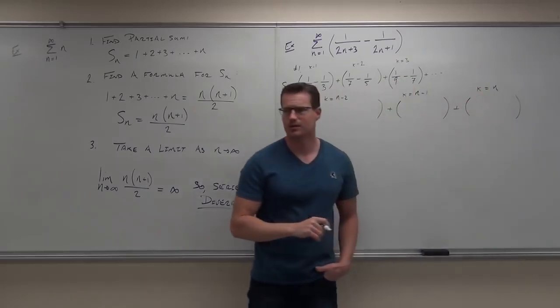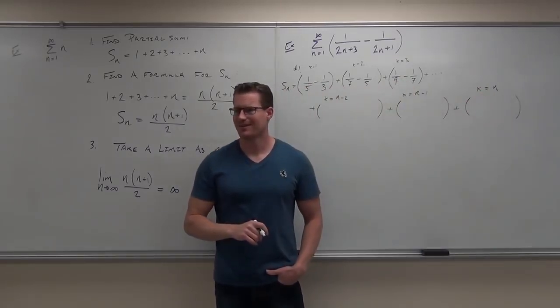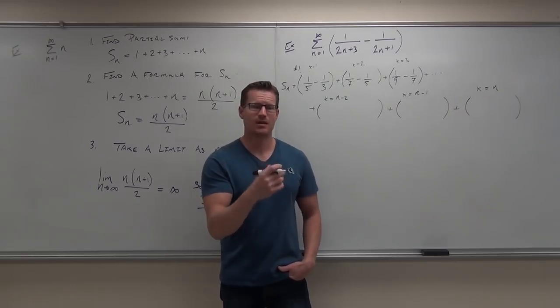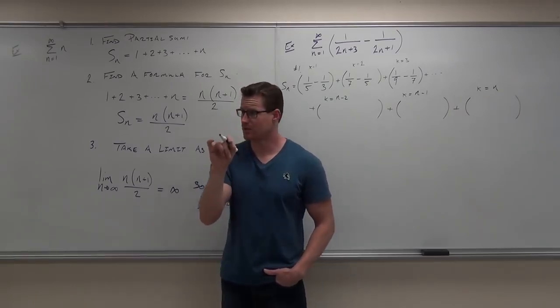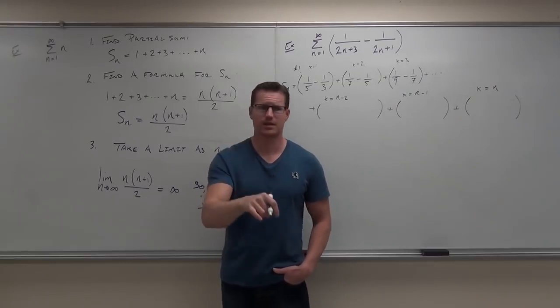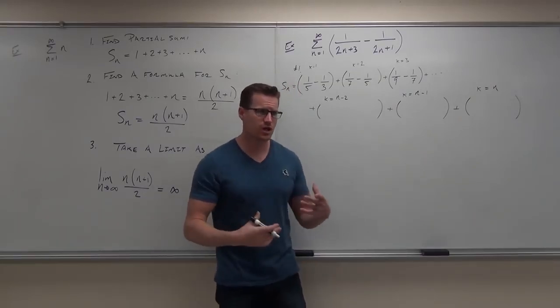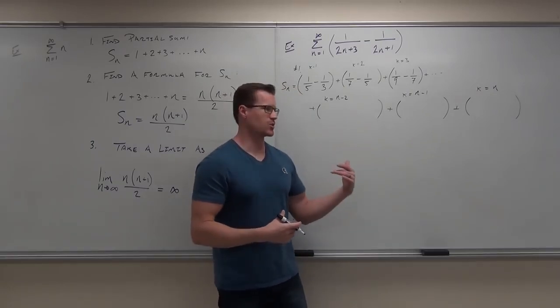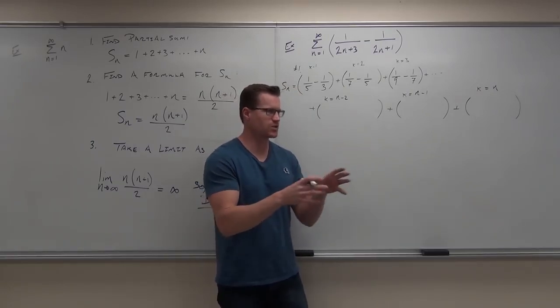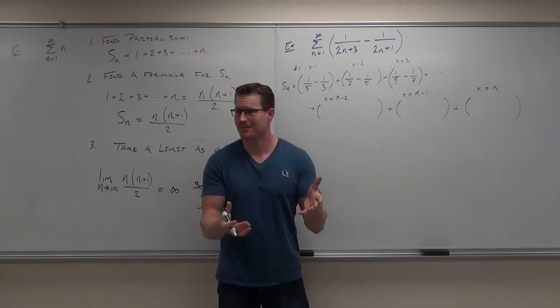Are you okay with that one? The reasoning behind it is because S sub n, the series from k equals 1 to n, gave us an actual sum. So when you're doing the partial sums, you should have your letters in terms of k. Are you okay with that? Okay.